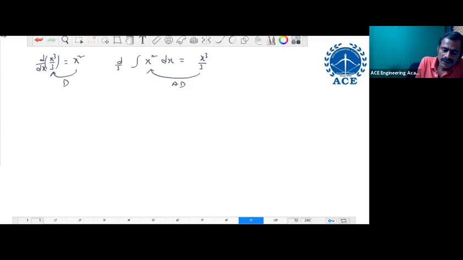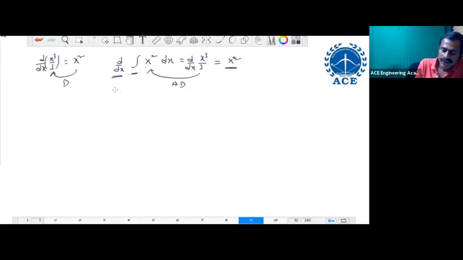Suppose I operate d by dx on both sides of this, then what will be the result? Just x square. Here we have two operators. d by dx is one operator, integral is another operator. If we operate both on x square, the output is only x square.